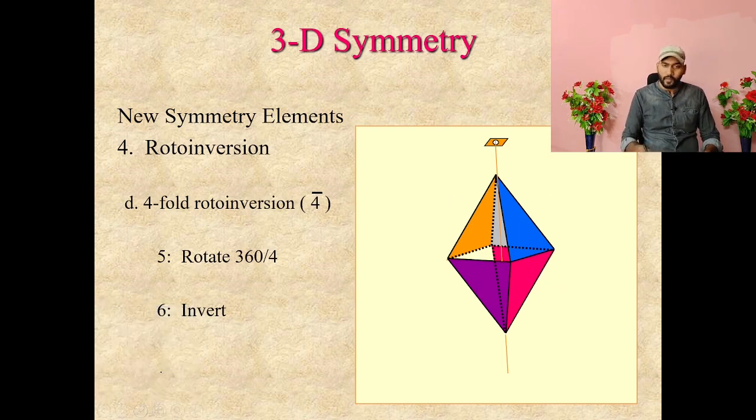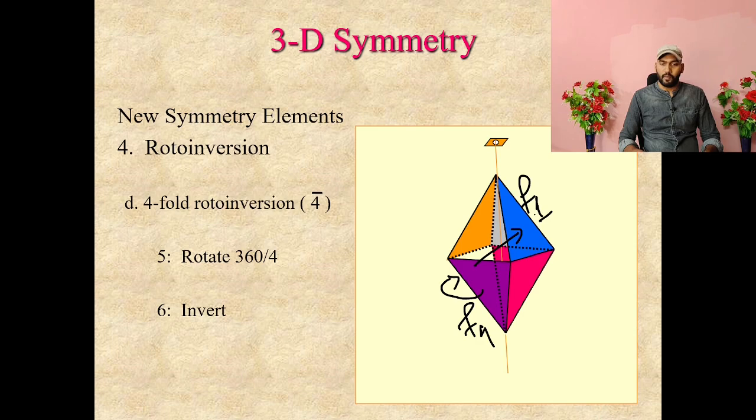Now again we have to rotate, it will come here, and we have to invert. When we rotate the fourth phase and invert, it will reach the initial one. It will reach F1, the original phase from where we started.